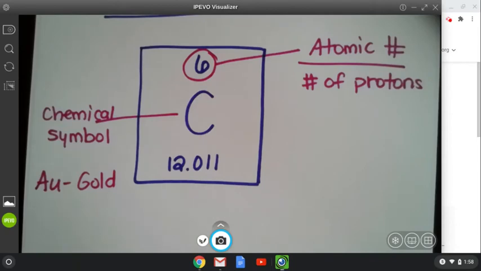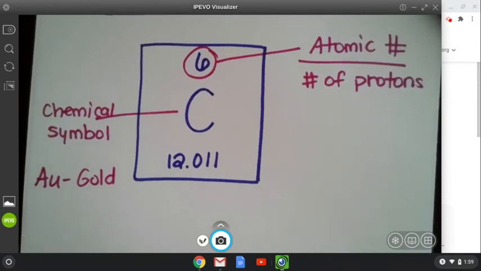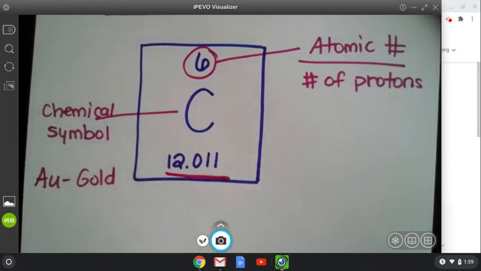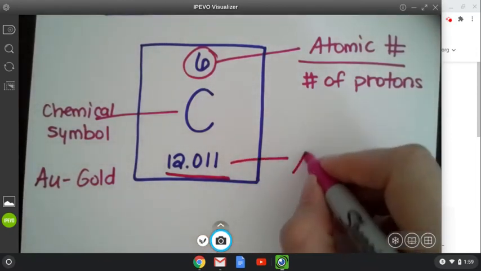So lead is one, it's Pb. And iron is another one, it's Fe. Mercury is Hg. Silver is Ag. And those are just to name a few that are named after their Latin counterparts. This last one down here, this number is going to be the atomic mass.